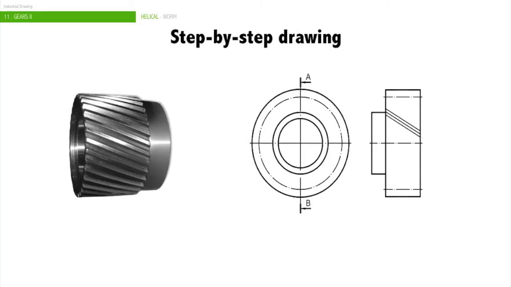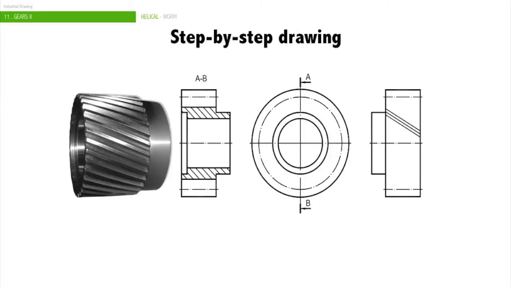If you're not going to section the gear, you must draw three thin and inclined lines to indicate that the gear is helical. On the left side, we are going to draw a sectioned profile view. This representation is the same as the spur gear we've seen in the previous lesson.